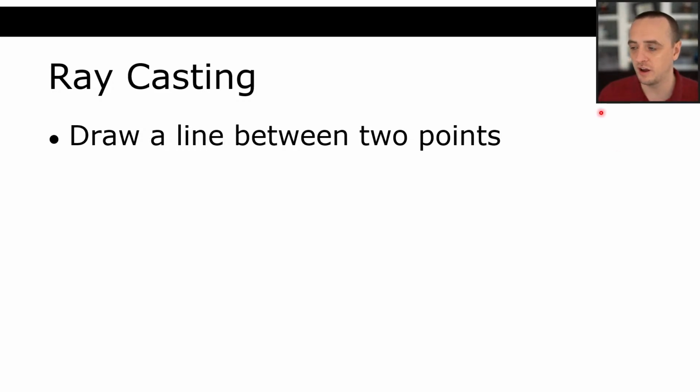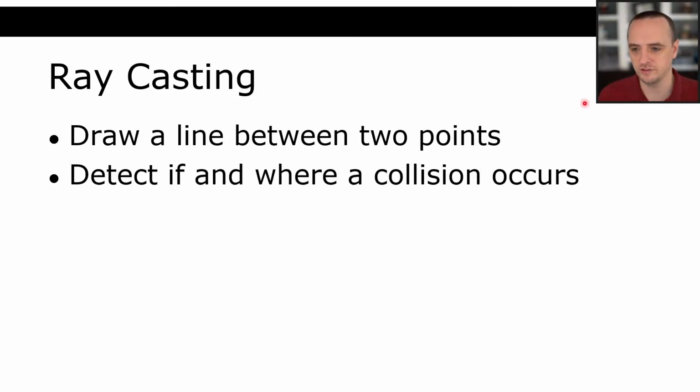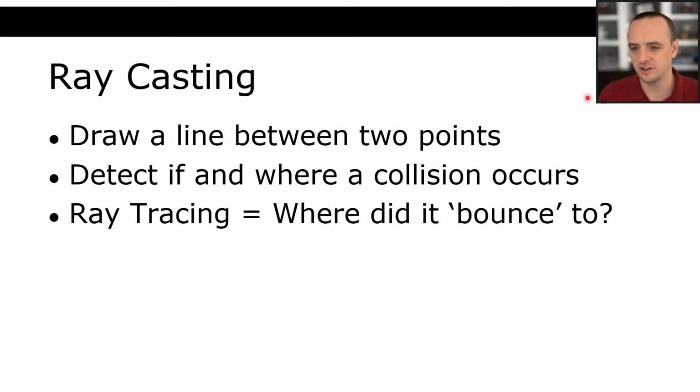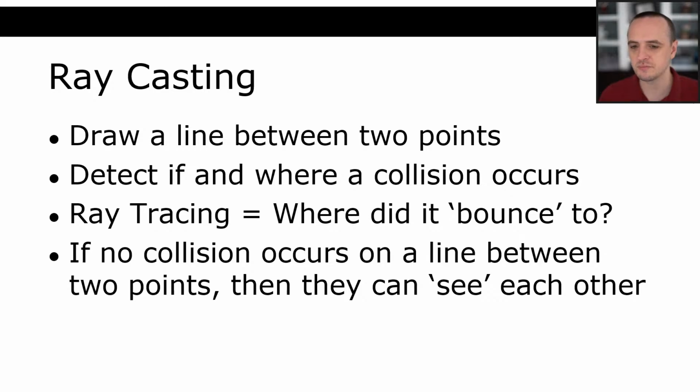So we're going to draw a line segment between 2 points, and we're going to detect if and where a collision occurs. Ray tracing is sort of where did it bounce to, right? Where did it intersect? If no collision occurs on a line between 2 points, then they can see each other. You may be familiar with military terminology or video game terminology where they talk about line of sight.